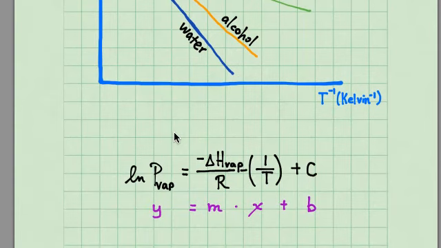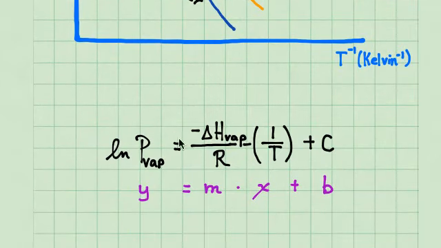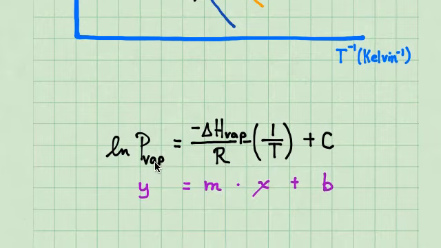Interestingly, that slope is described by this right here. Now this was the activation energy, but now this is called the heat of vaporization. Similar, it's an energy amount, and the gas constant. The y-intercept we don't care too much about. If we can avoid using it, we will, and we can.